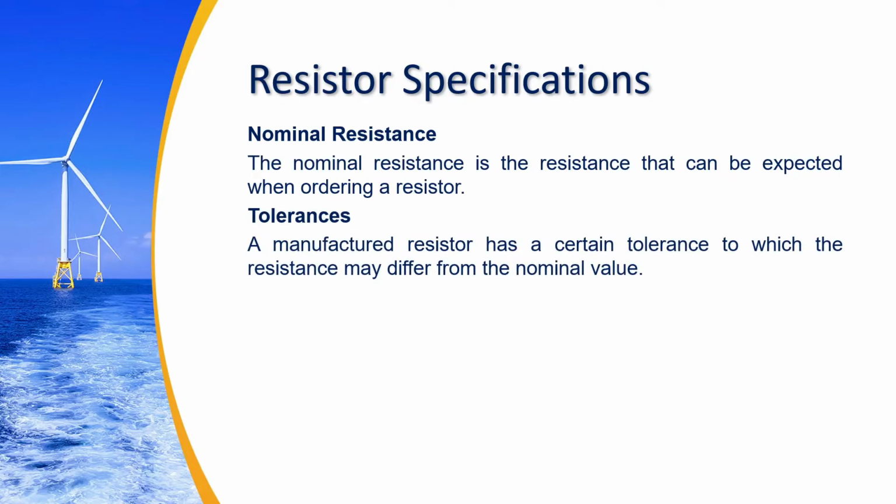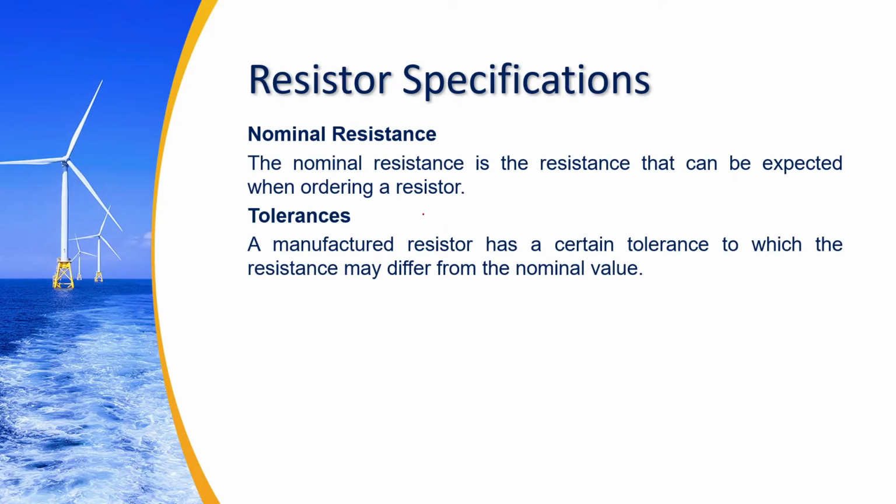So, a manufactured resistor has a certain tolerance to which the resistance may differ from the nominal value. So, ito yung kaya nagbibigay si manufacturing ng resistance value na may tolerance is para sakop na yung pinaka-specs natin o yung pinaka-nominal resistance natin.